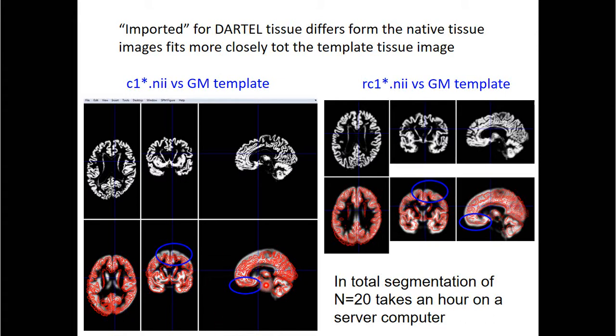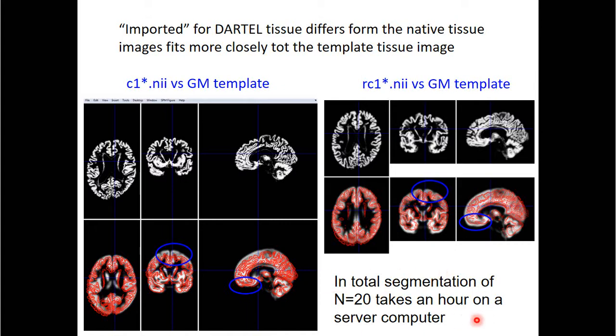Here we compare the native and the registered with the gray matter template. You can see that here there is a big gap, and here it is a little bit too much below the template, and it is moved up, and I think a little bit stretched in vertical direction, so that the difference between them is minimized.